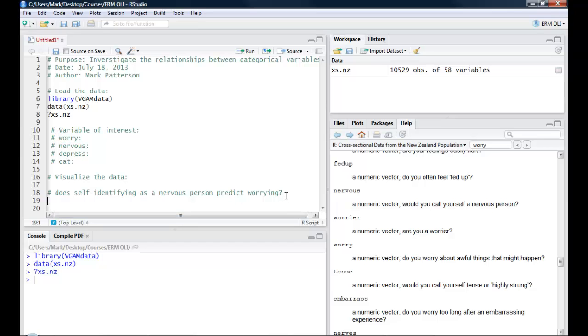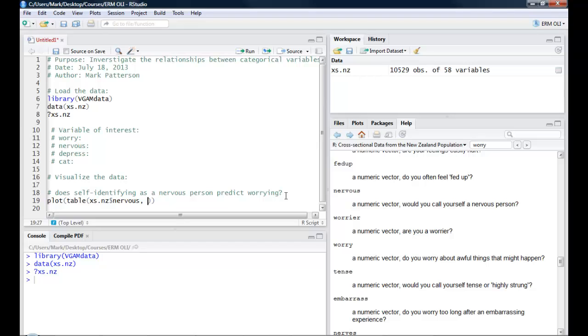Now, because these are both categorical variables, we can go ahead and use the plot table approach, and we're going to first list the variable that we want on the x-axis. Because we're trying to use this nervous variable to predict, we're going to put that on the x-axis.